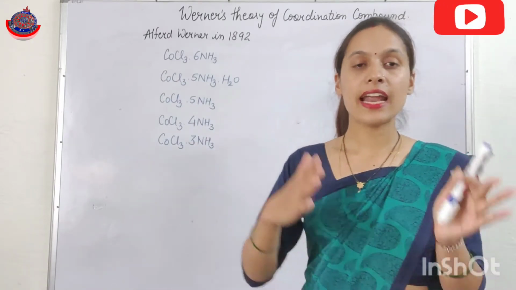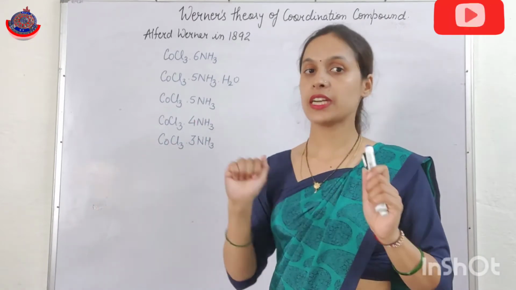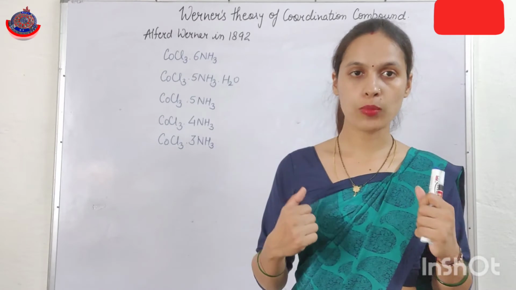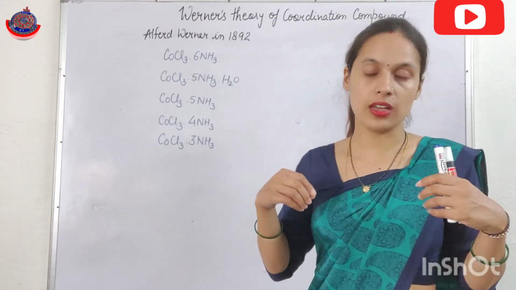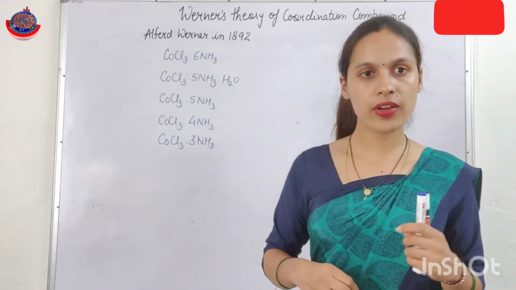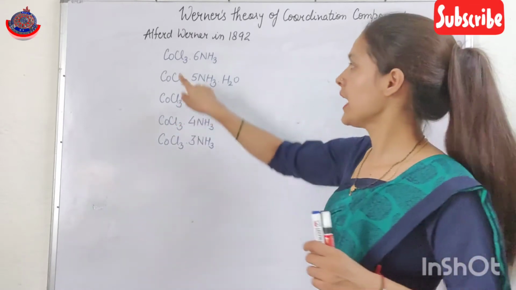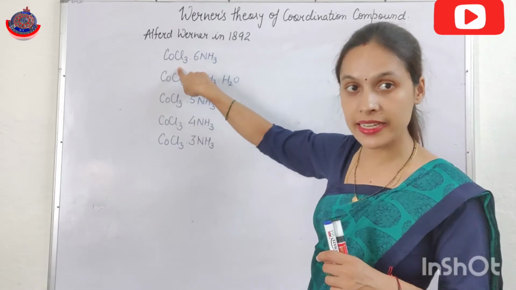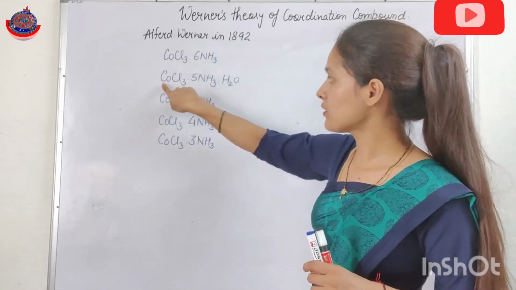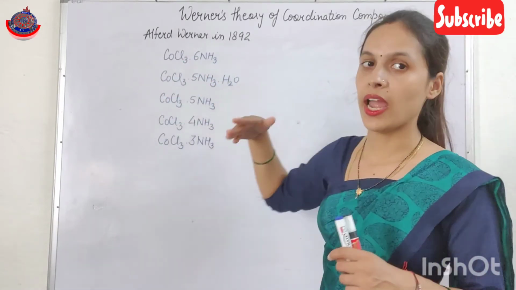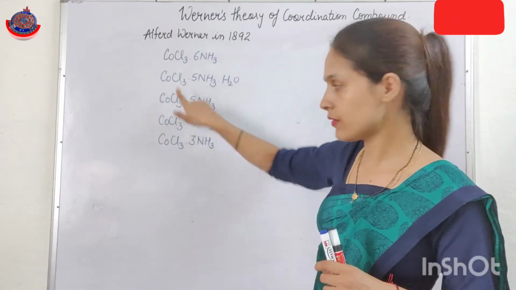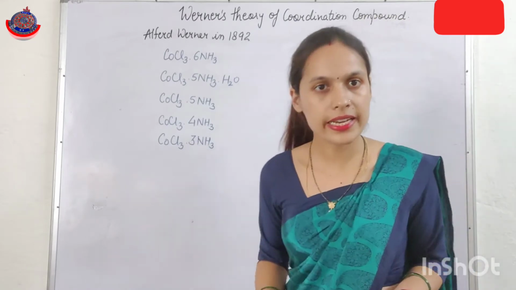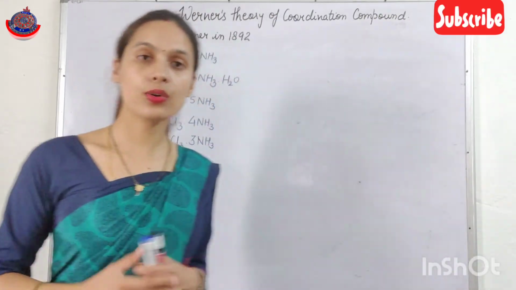And we are saying that the chloride ion is precipitated in the form of AgCl. If chloride ion is precipitated in the form of AgCl, we have to get equal number of ions. हमें equal number of ions मिलने चाहिए. एक आयन हमें CO और 6NH3 का मिलेगा, 3 आयन हमें Cl के मिलेंगे. Similarly, 1 ion is of CO, 5NH3, H2O, and 3 ions are of Cl negative. 1 ion is of CO, 3NH3, and 3 ions are of Cl negative. It means number of ions हमारे क्या होने चाहिए?